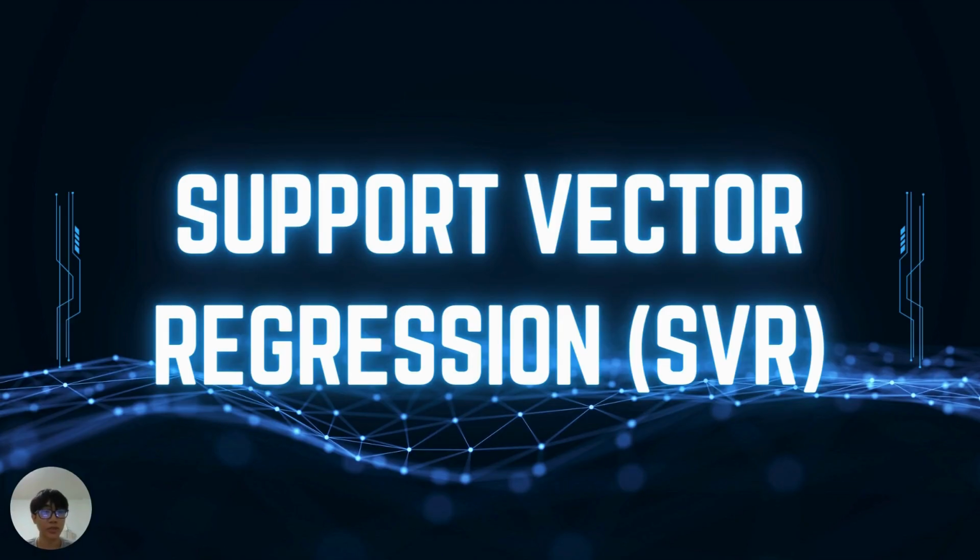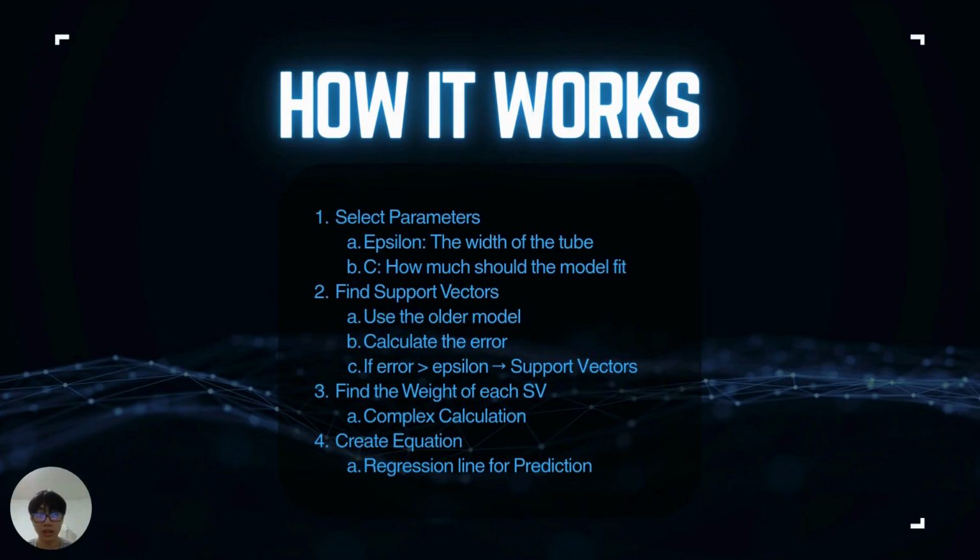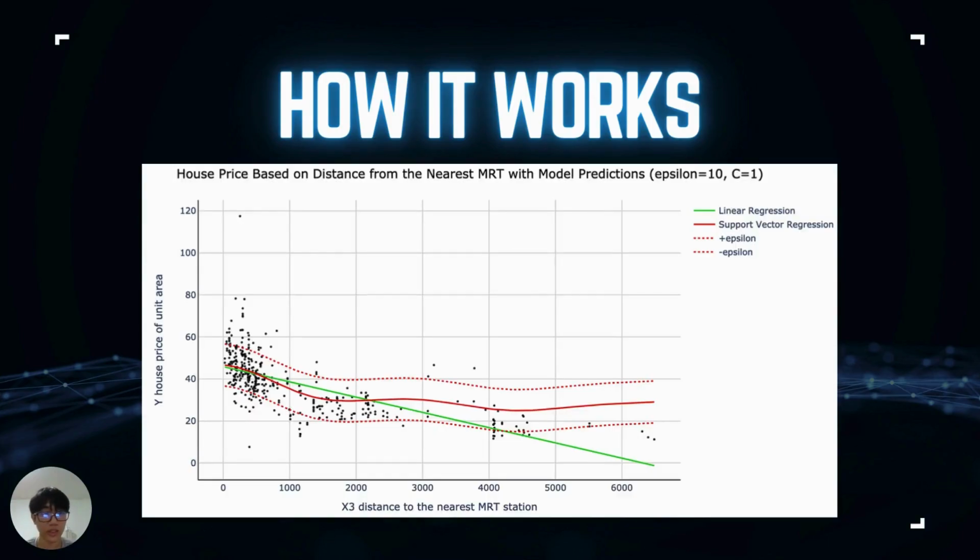So now let's move on to our main topic, our data analytics technique, support vector regression, or SVR. To demonstrate how it works, I think seeing the visualization will be clearer. So first of all, how to construct the SVR model. In general, the SVR model has two main parameters, which are epsilon and C. The epsilon indicates the width of the tube.